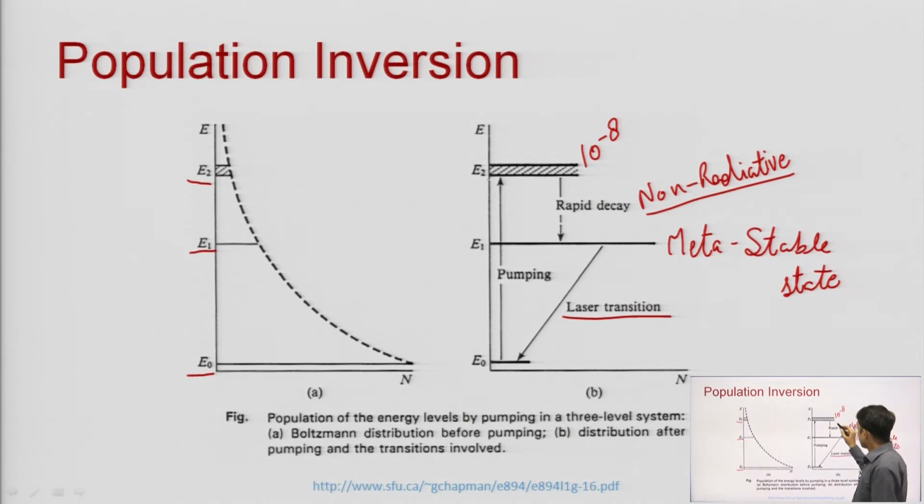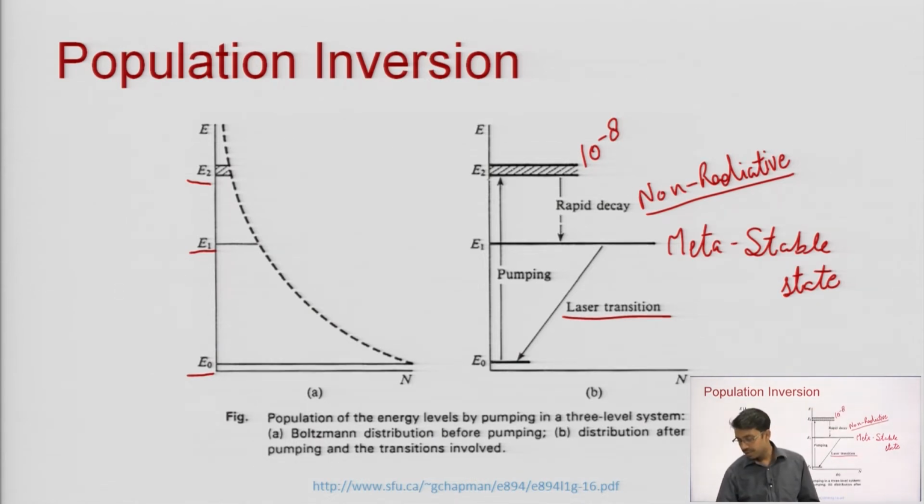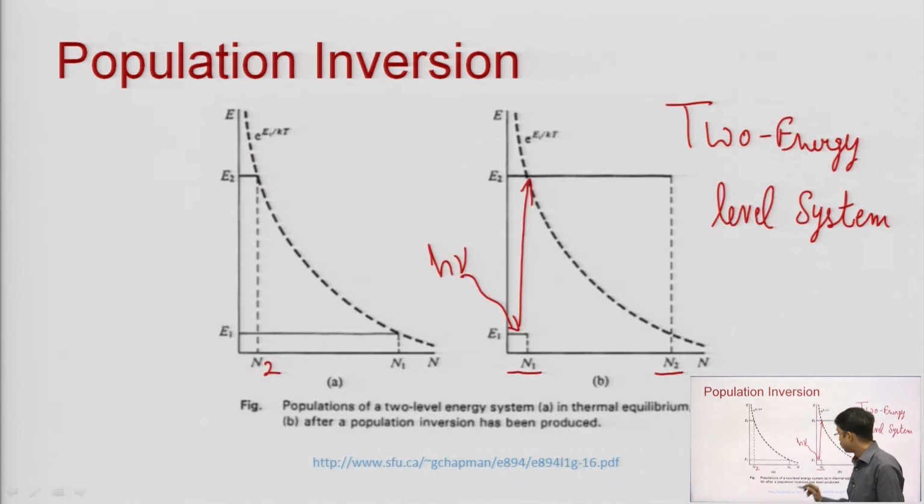What are the benefits of this 3-level system over the 2-level system? In the 2-level system, the number of electrons in the N1 state became very less. So, what will happen? We keep on supplying energy, but there are no electrons in the ground state to absorb that energy.